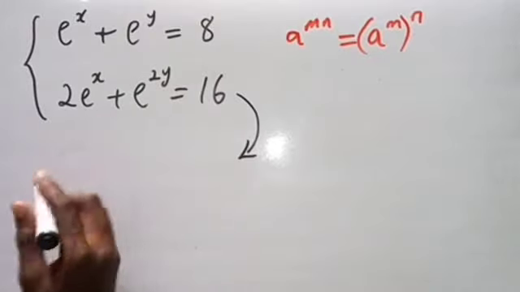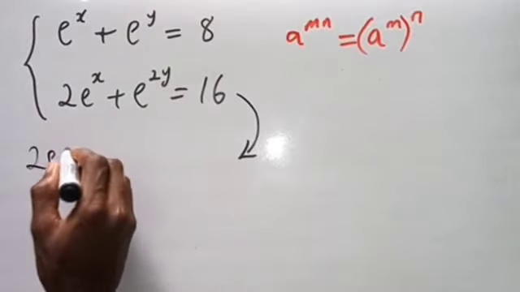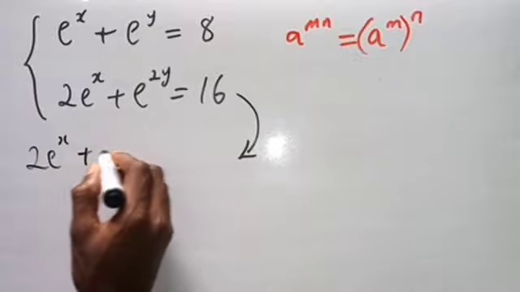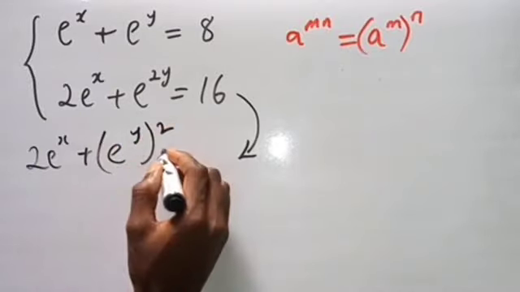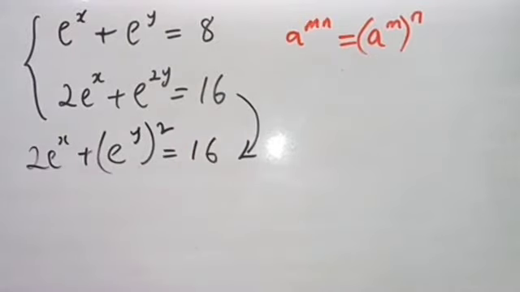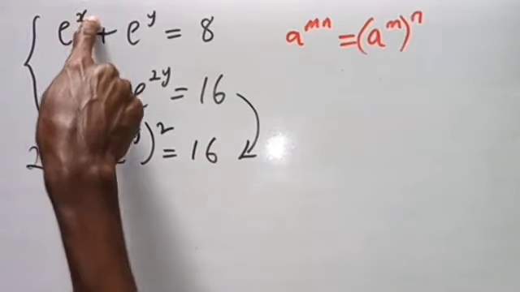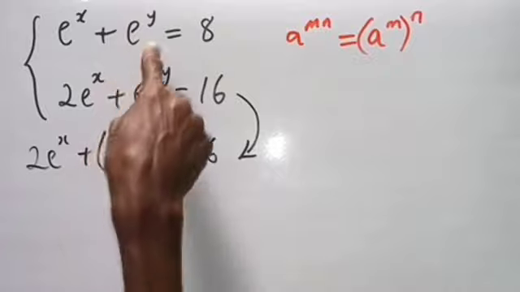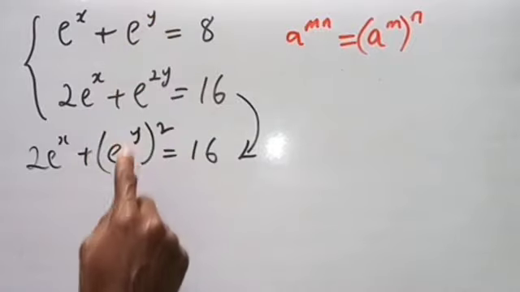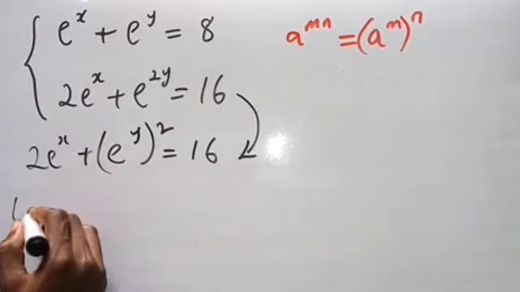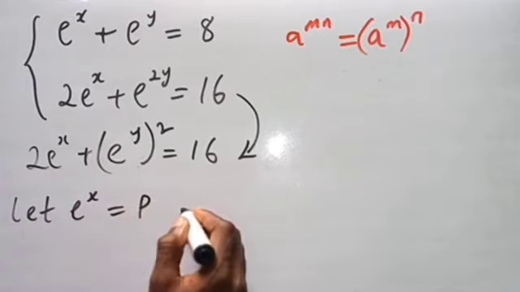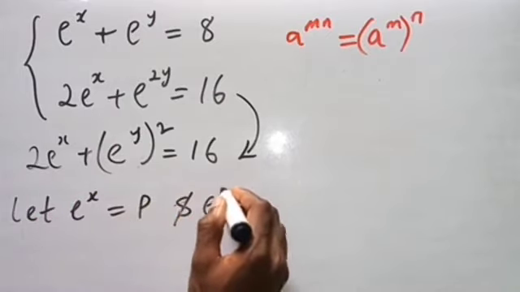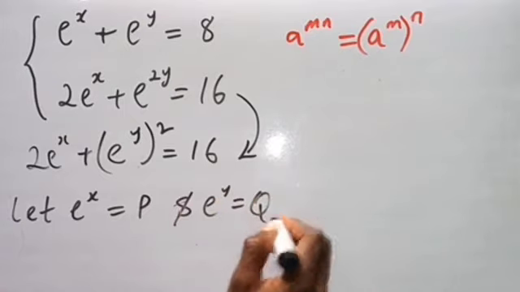This equation will now become 2e raised to power x plus e raised to power y, all raised to power 2, equals 16. Now since we have e raised to power x here and here, and e raised to power y here and here, let e raised to power x equal p and e raised to power y equal q.